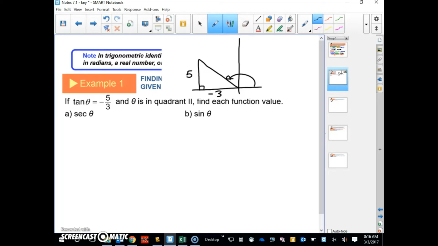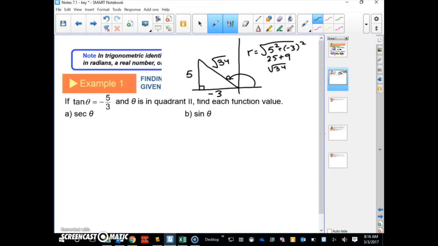And then we could do Pythagorean's theorem to find the hypotenuse, and we call that r. Then we have this formula. It was 5 squared plus -3 squared. That's 25 plus 9. We've got the square root of 34 there. That hypotenuse is the square root of 34.